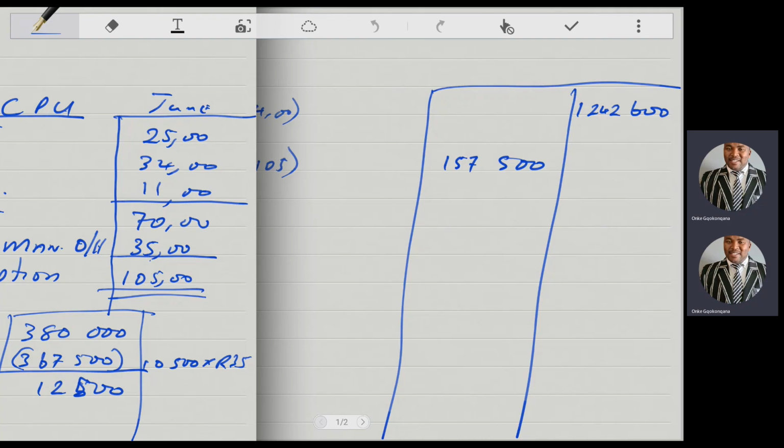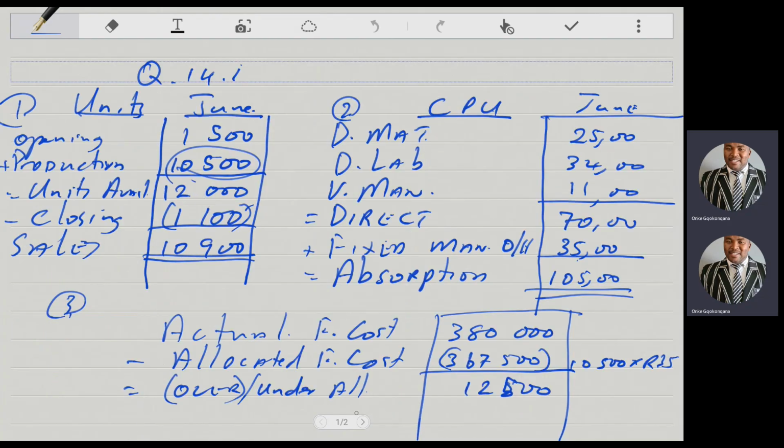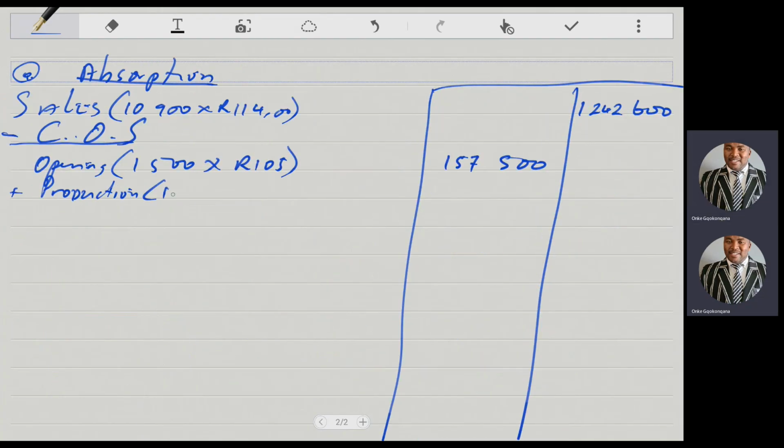Our production is 10,500 at 105. You could notice that the 105 includes the fixed cost, as the theory indicated to us. It is 1,102,500.